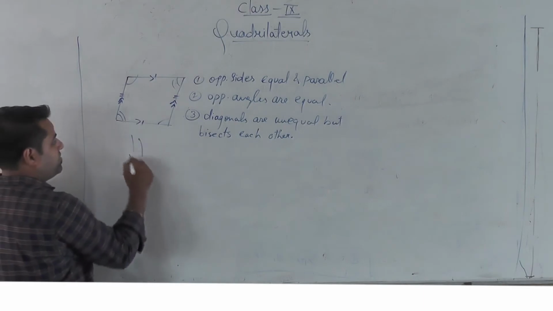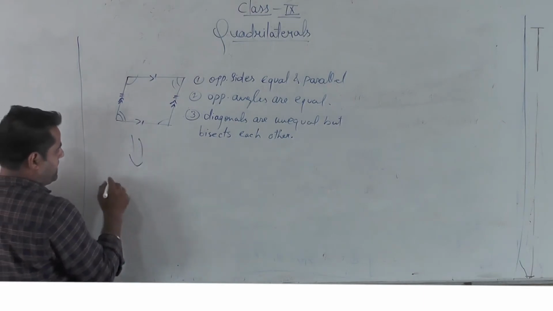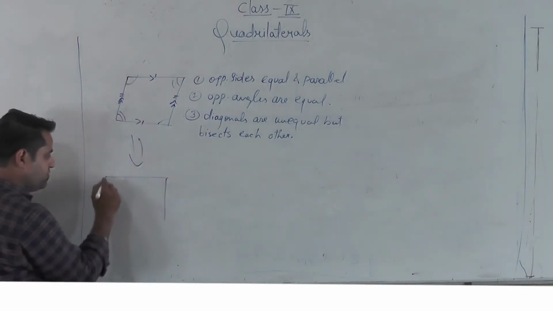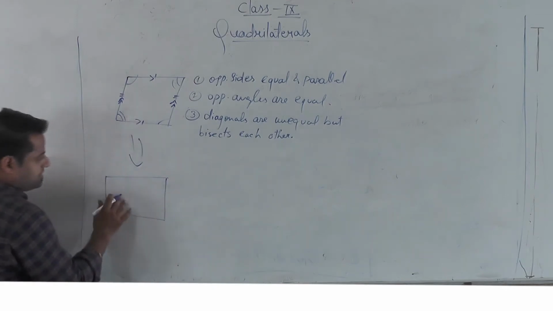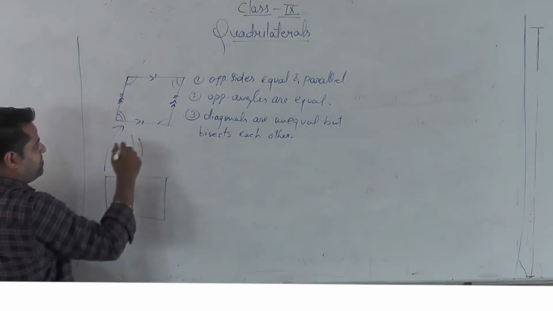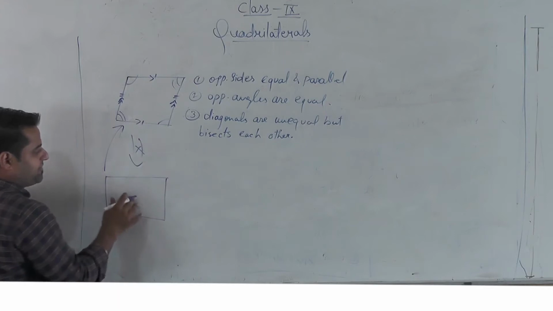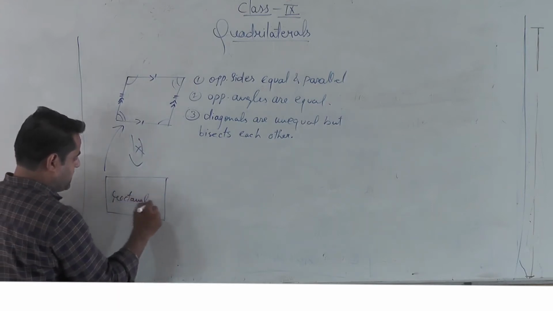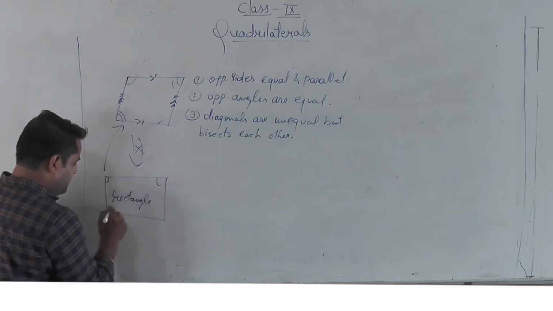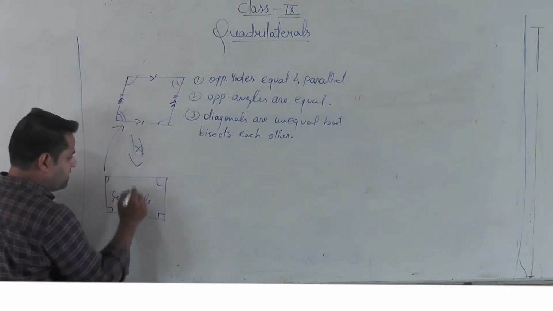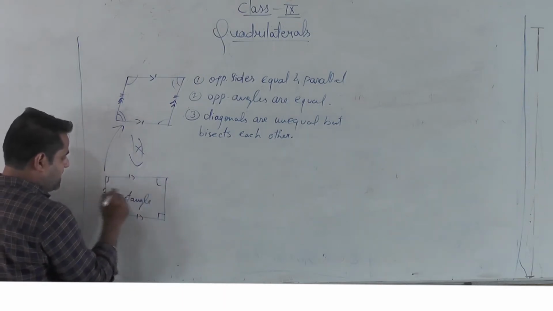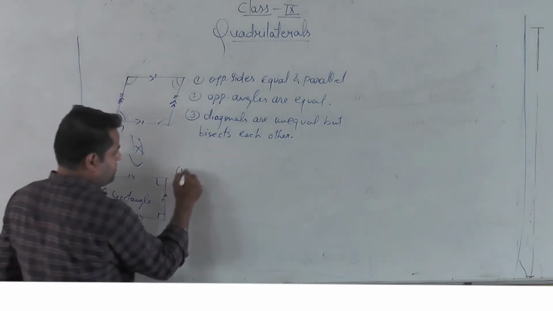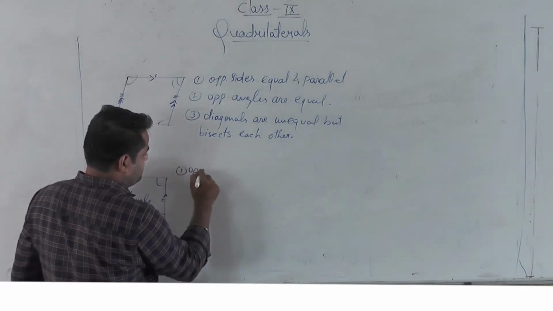Now a parallelogram can be a rectangle if a few changes are made. It is having all properties of parallelogram, but parallelogram doesn't have all properties of rectangle. Okay, now what is a rectangle? A rectangle is the shape which is also having opposite sides parallel and equal.